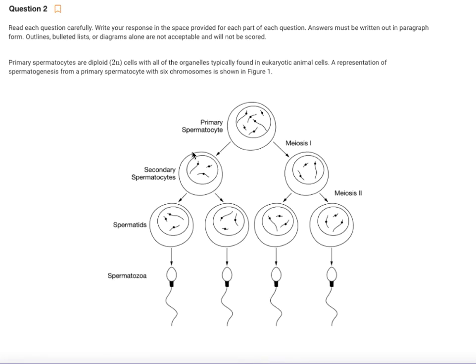Now, if you remember, what diploid means is it has 3 chromosomes here, and 2 copies of each, one from each parent. So, mom, dad, mom, dad, mom, dad. And when it undergoes meiosis 1, that's where it goes from being diploid to being haploid.